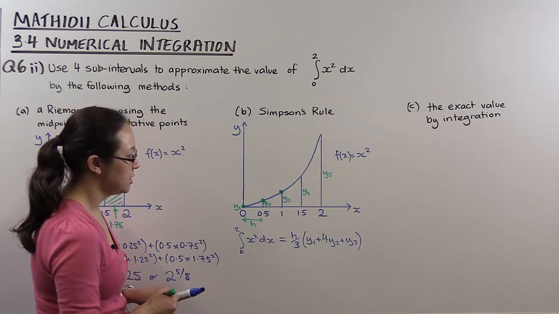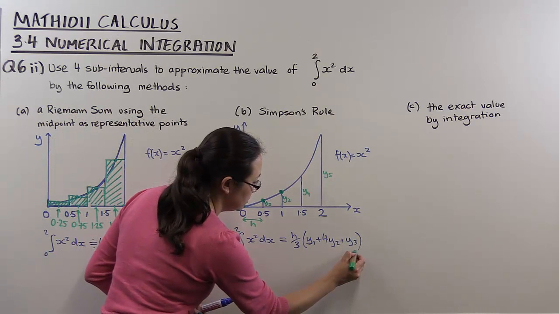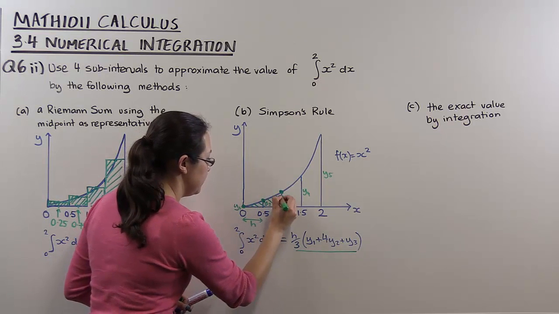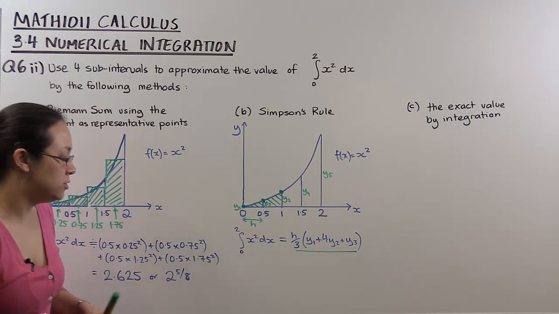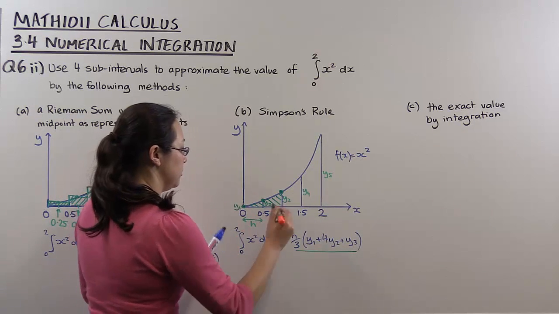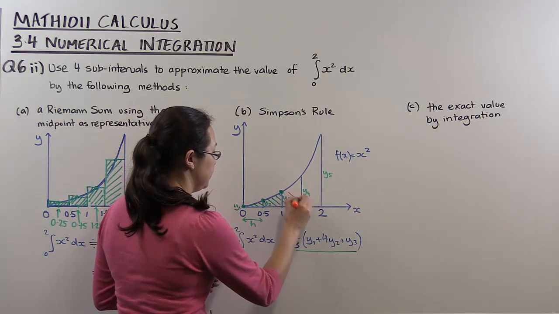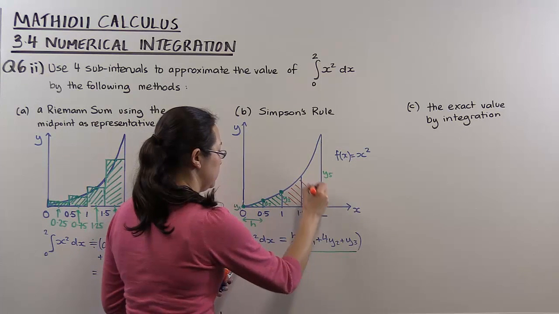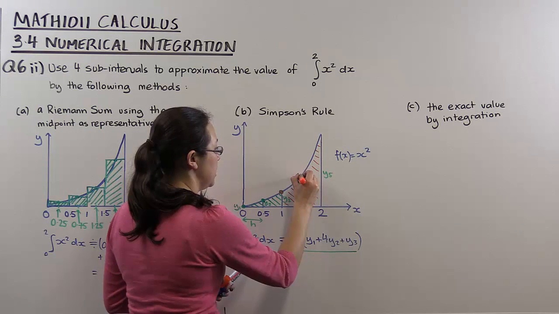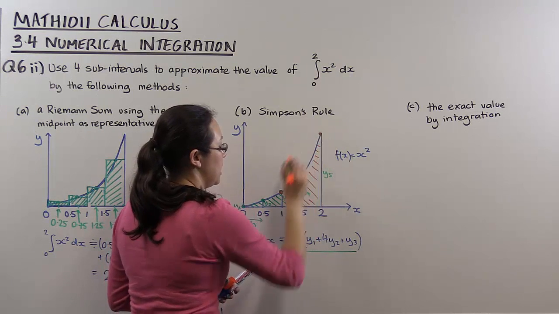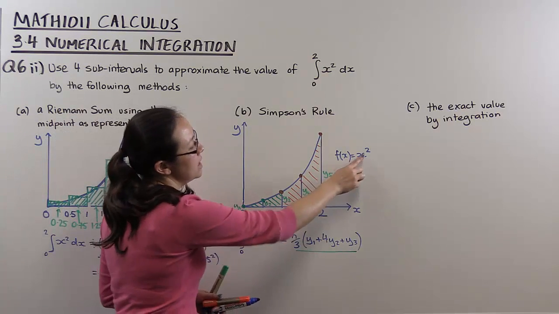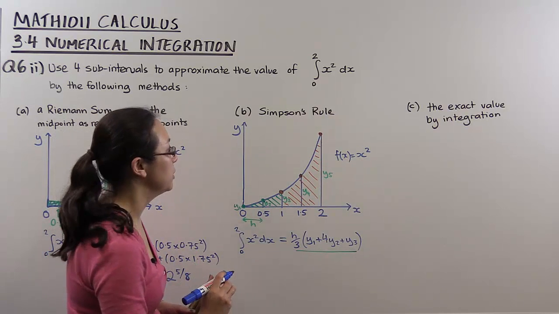So that's using Simpson's Rule for this first pair of strips in here. Okay, so we can only use Simpson's rule for 2 strips at a time. If we use Simpson's rule for this next pair of strips, it's really putting a parabola through these 3 points and estimating the area by the area under that parabola, but we know x squared is the parabola through those 3 points there.